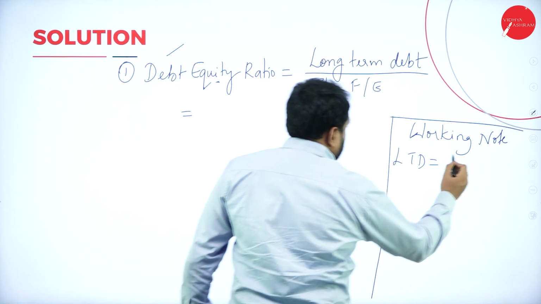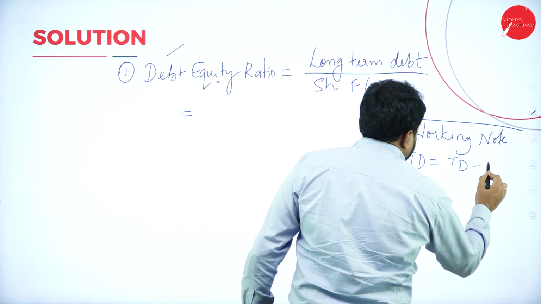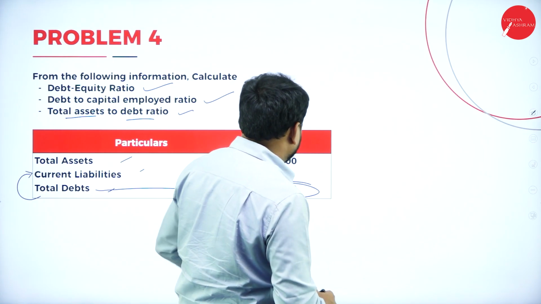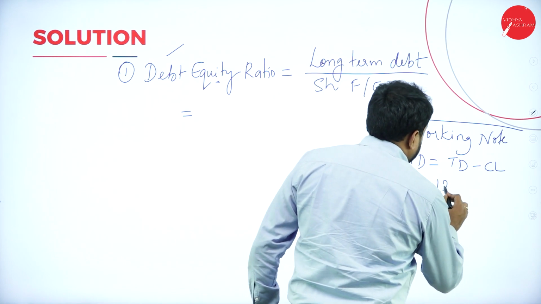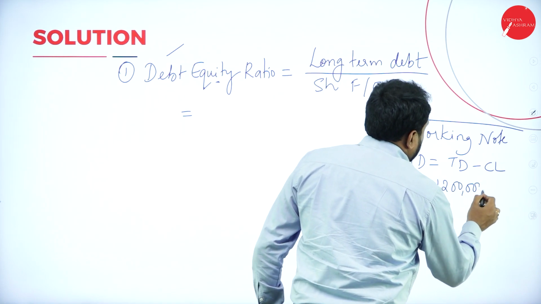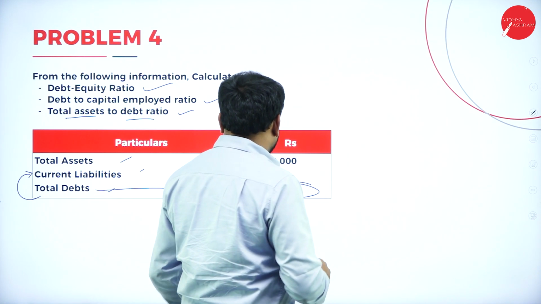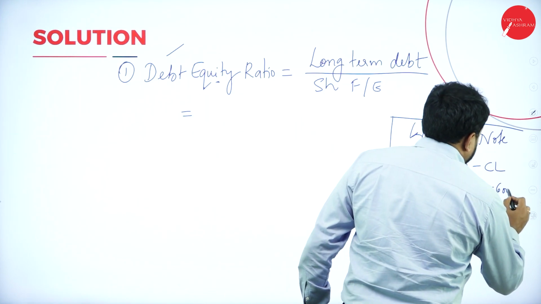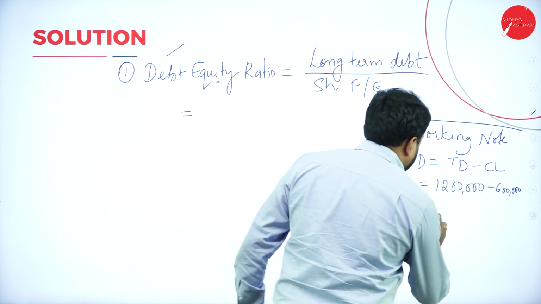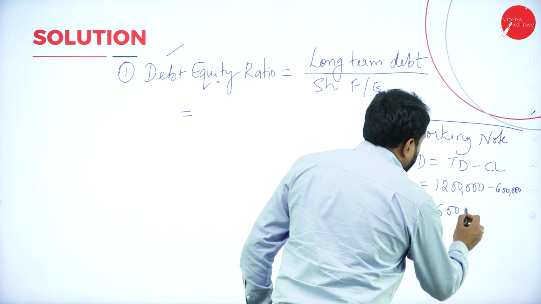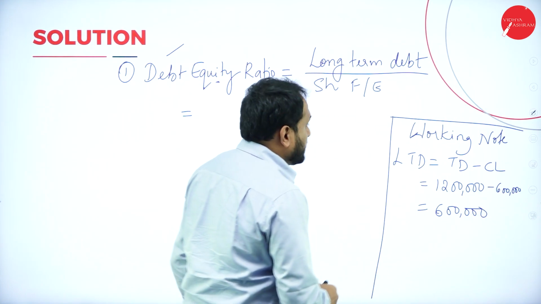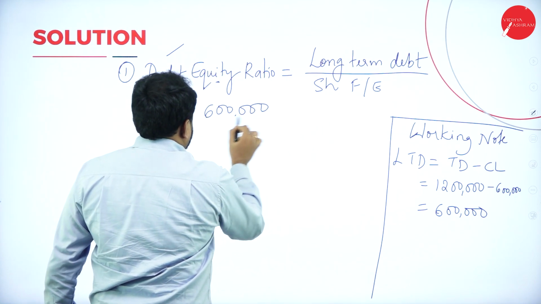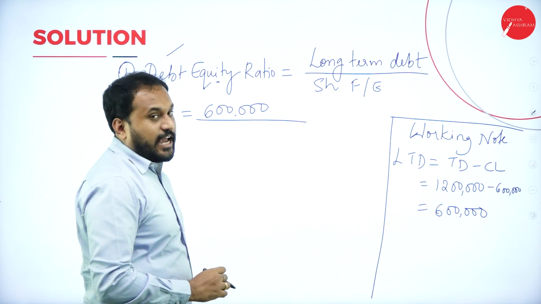So here total debt minus current liability. 12 lakh minus 6 lakh. So total is how much here? 6 lakh. So your long term debt is how much? 6 lakh rupees. So I'll write here 6 lakh divided by shareholders fund.